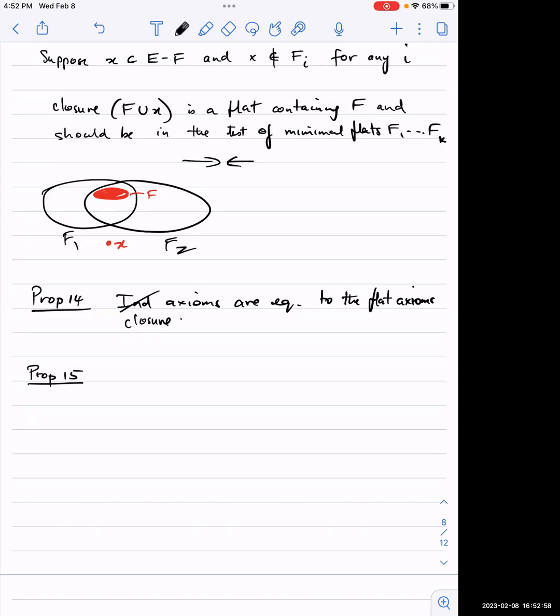So let M be a matroid, and H is a set of hyperplanes.